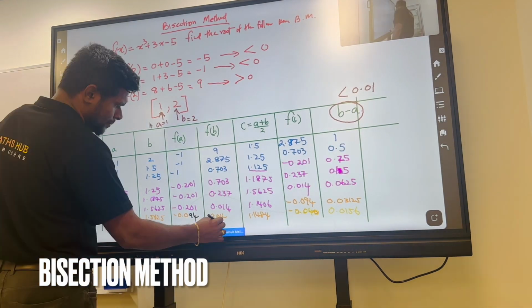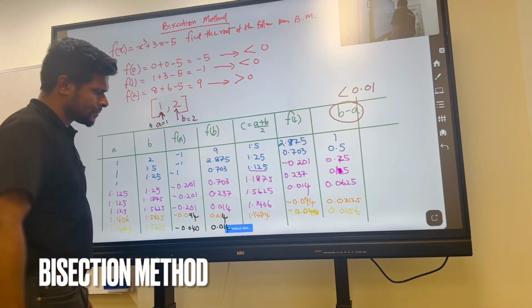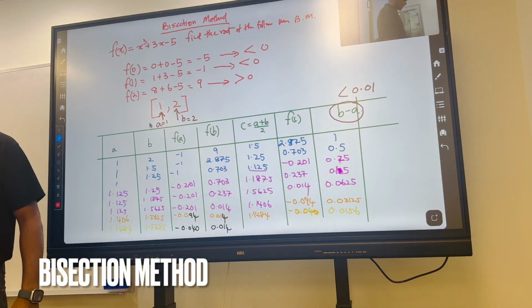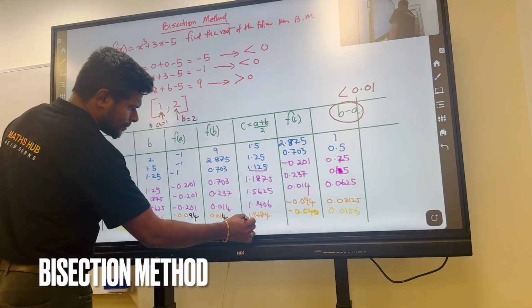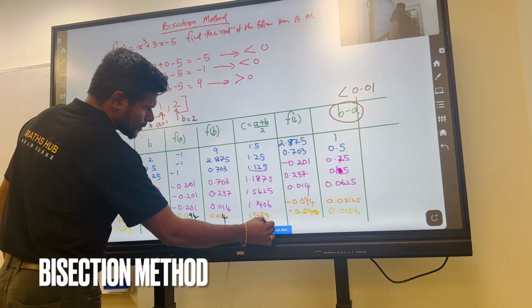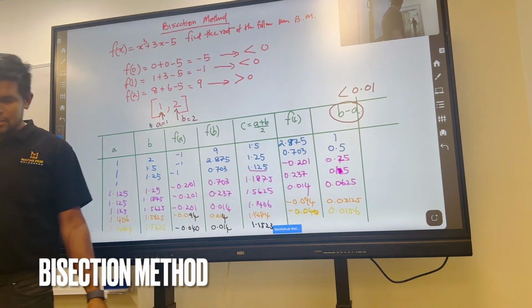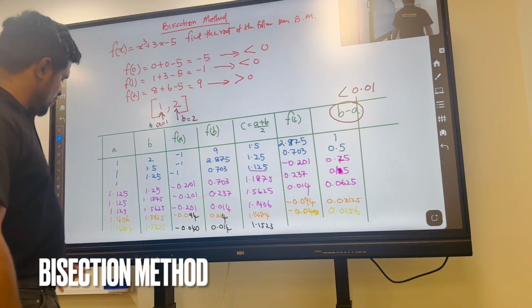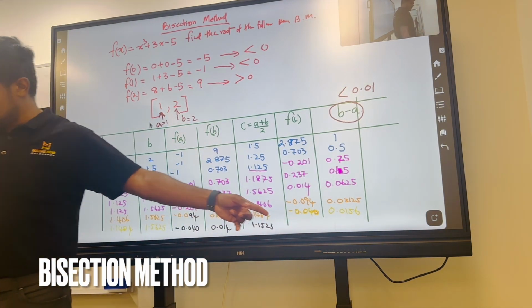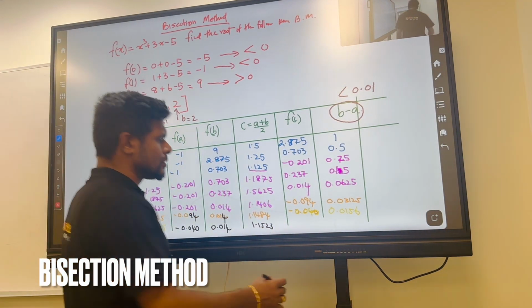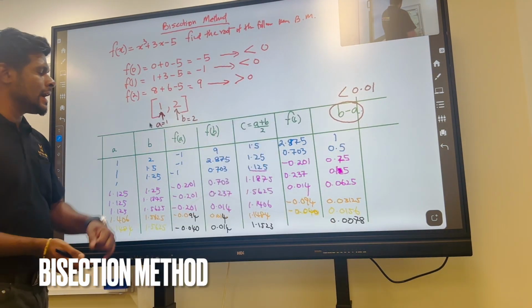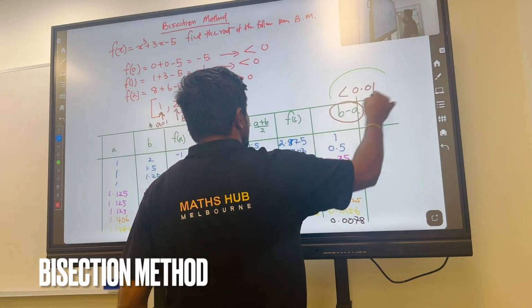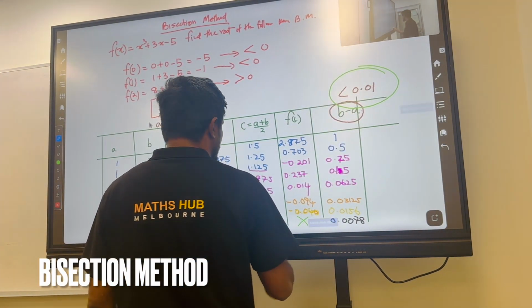1.5625, so then C. What do you get for C? 1.1523. We don't worry about it, just leave it for the moment. And what is B minus A? Now you can see what is my B minus A? 0.0078. Less than this, see? Have a look at here. It's less than 0.01, so we don't need to worry about this.